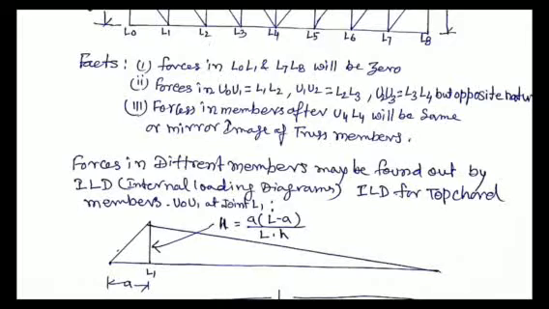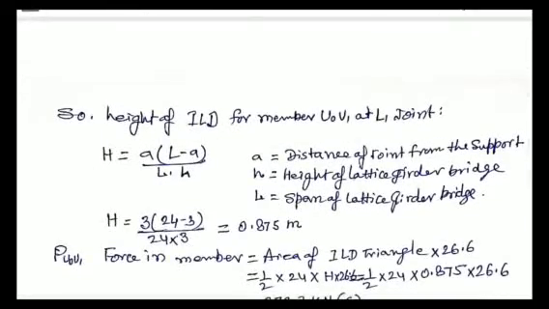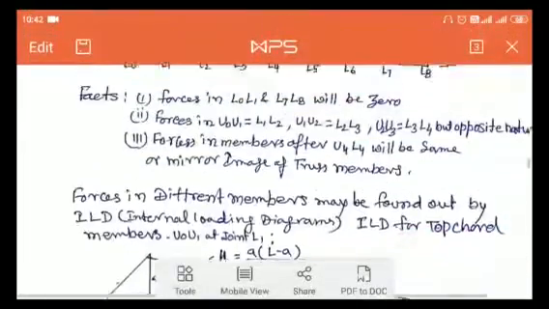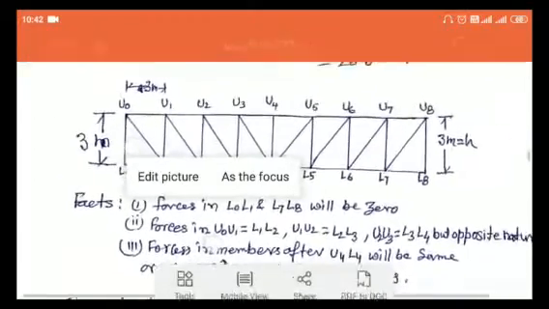So we will see how the ILD is prepared as a triangle and what the load on the member is. First of all, talking about the load in the first member, which is U0 U1, this vertical member.